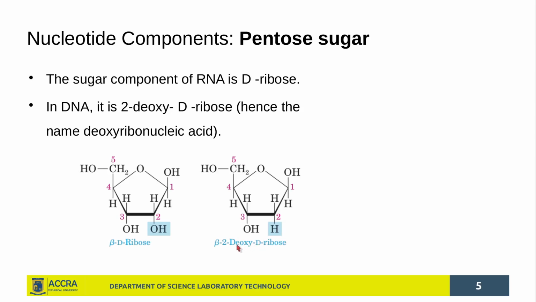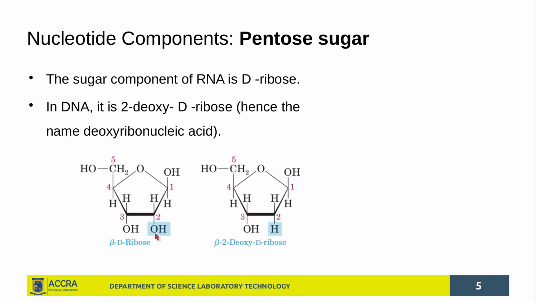And so you see the name deoxy. Think of it as being that the oxygen on carbon number 2 is deleted. And so it's giving the name deoxy, without oxygen. So that is where the name comes from. Deoxyribonucleic acid, DNA, whilst RNA is what? Ribonucleic acid.